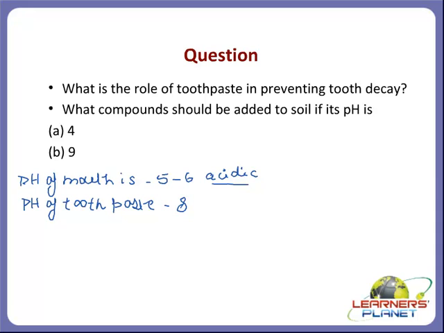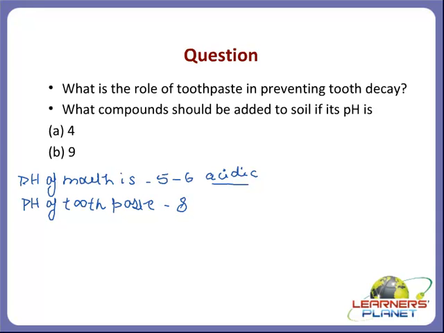Clear? So this is a type of question which can be asked in your board exams, so you need to write very precise answers. Its answer precisely would be: the pH of toothpaste is 8, that is, it is slightly alkaline.